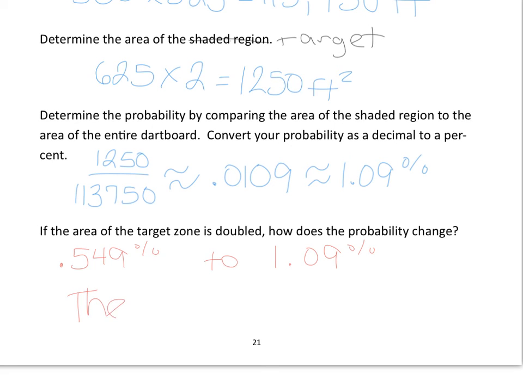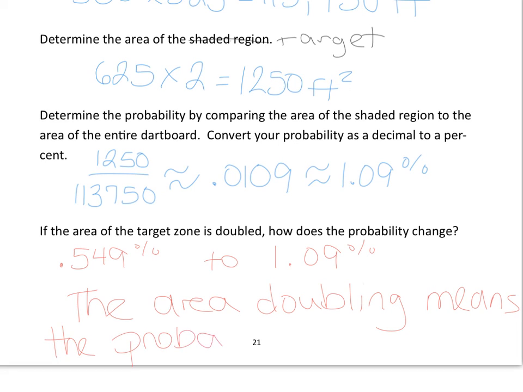We should note that the area doubling means the probability doubles. So by doubling what our target was, we have now doubled our probability. We have increased it because we now have a greater chance of hitting the target.